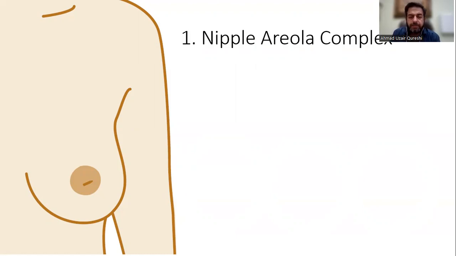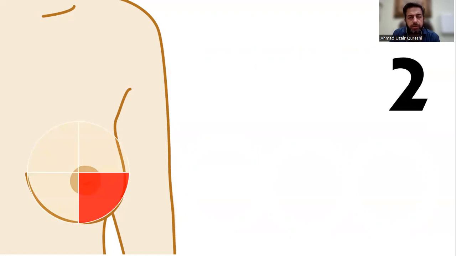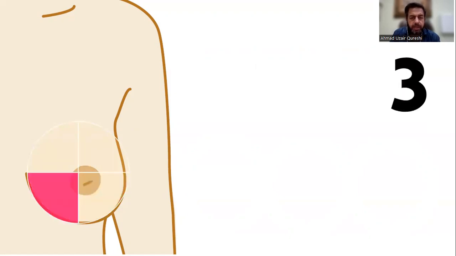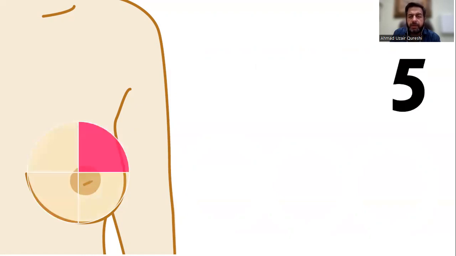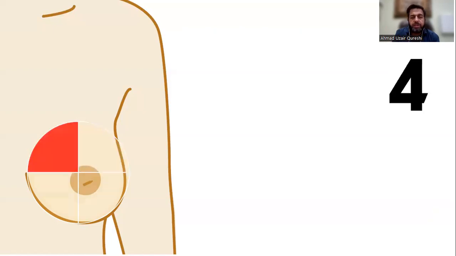We also inspect the upper outer quadrant, the lower inner quadrant, the upper inner quadrant, and the upper outer. These are the things that you need to inspect, and when you do palpate, you do the same things with the palpation. For the time being, you complete the same inspection for all these areas. What are the things that you are going to see in all of these areas?